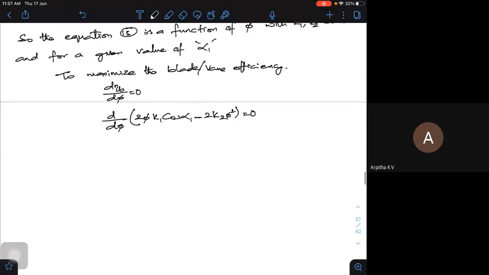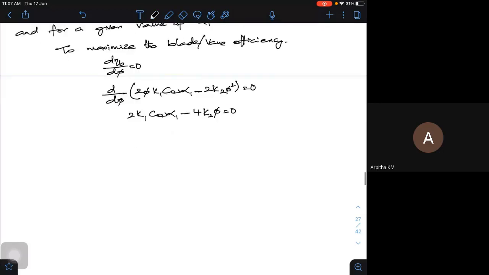If I differentiate this, it will be simply 2 k1 cos alpha 1 minus 2 into 2, it will be 4 k2 into phi, since phi to the power of 2 minus 1. This is 4 k2 into phi. Or I can write 2 k1 cos alpha 1 is equal to 4 k2 into phi.